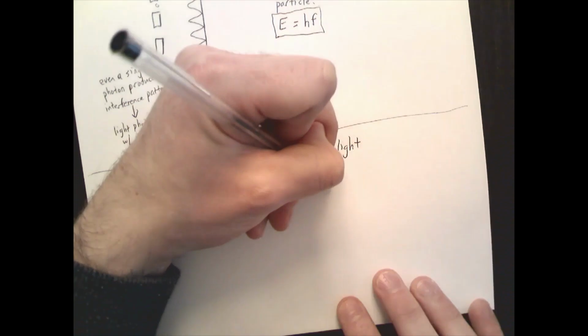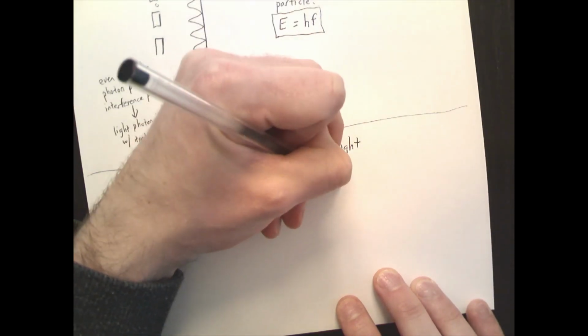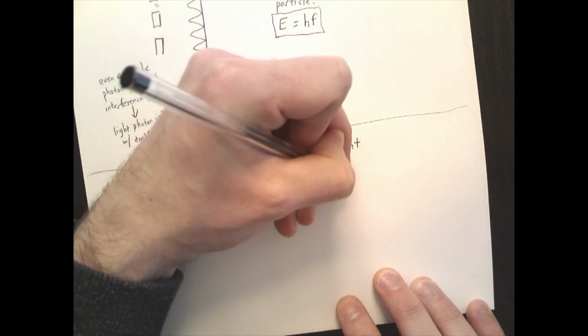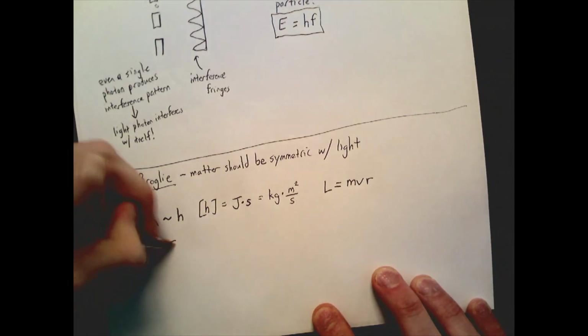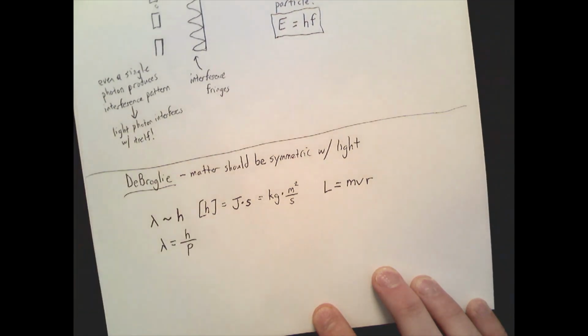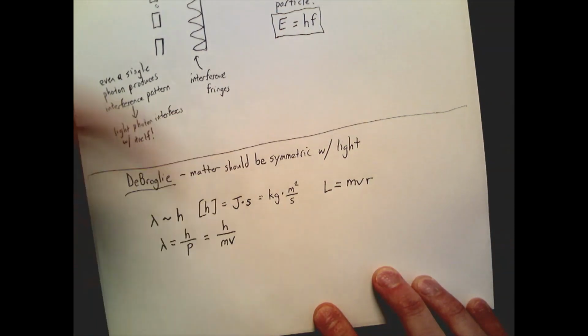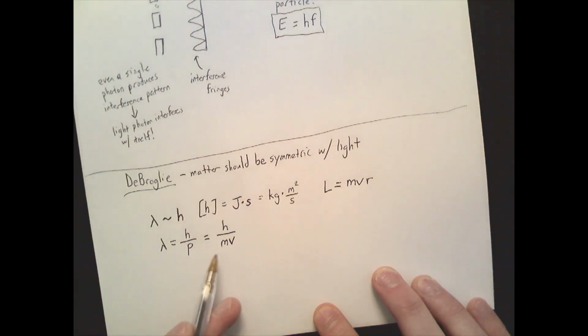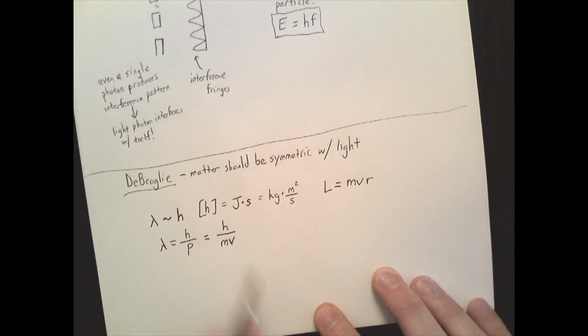Well, we know from classical physics that unit-wise, L, angular momentum, is a momentum times a distance. So if I divide h by momentum, I get the appropriate units of length that I want. And that's exactly what de Broglie hypothesized. He hypothesized that if I take an object with mass, matter, and multiply it by its velocity, and divide that into Planck's constant, I will get that object's wavelength.